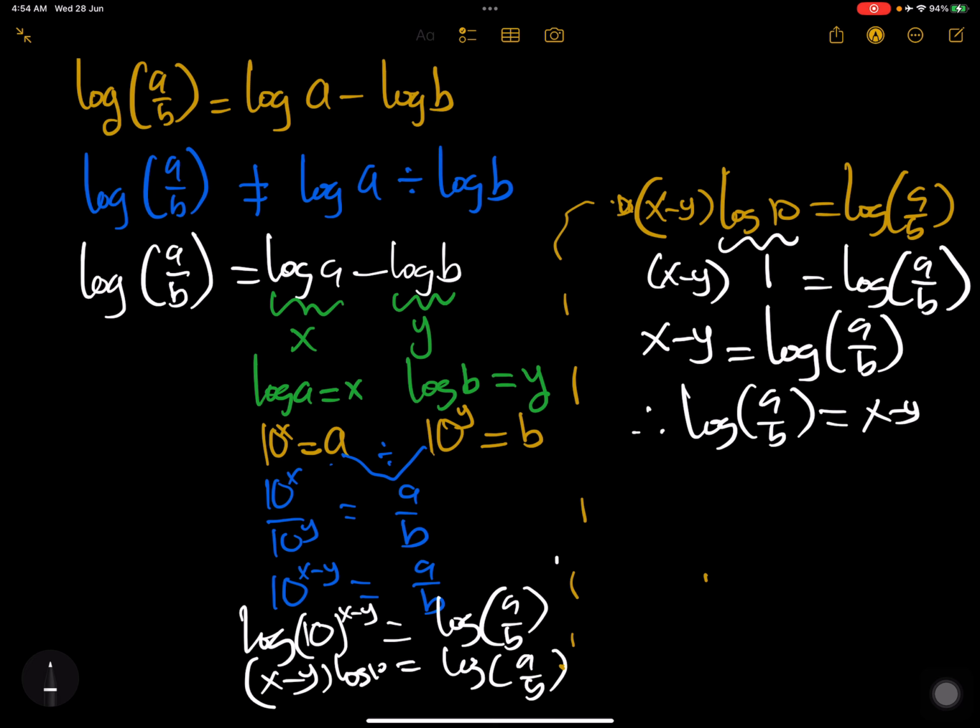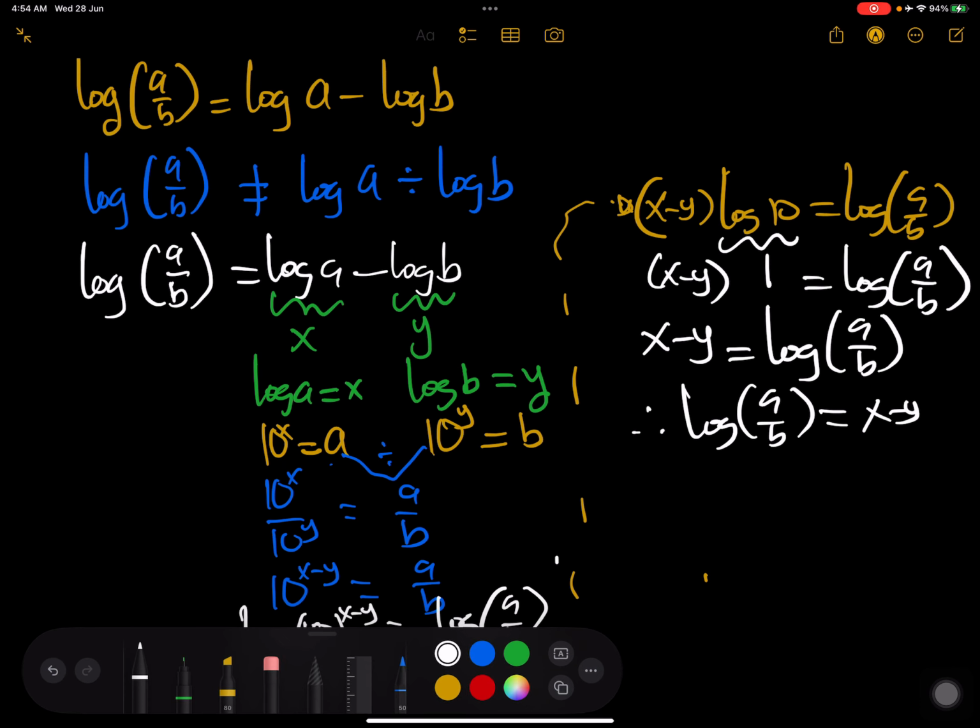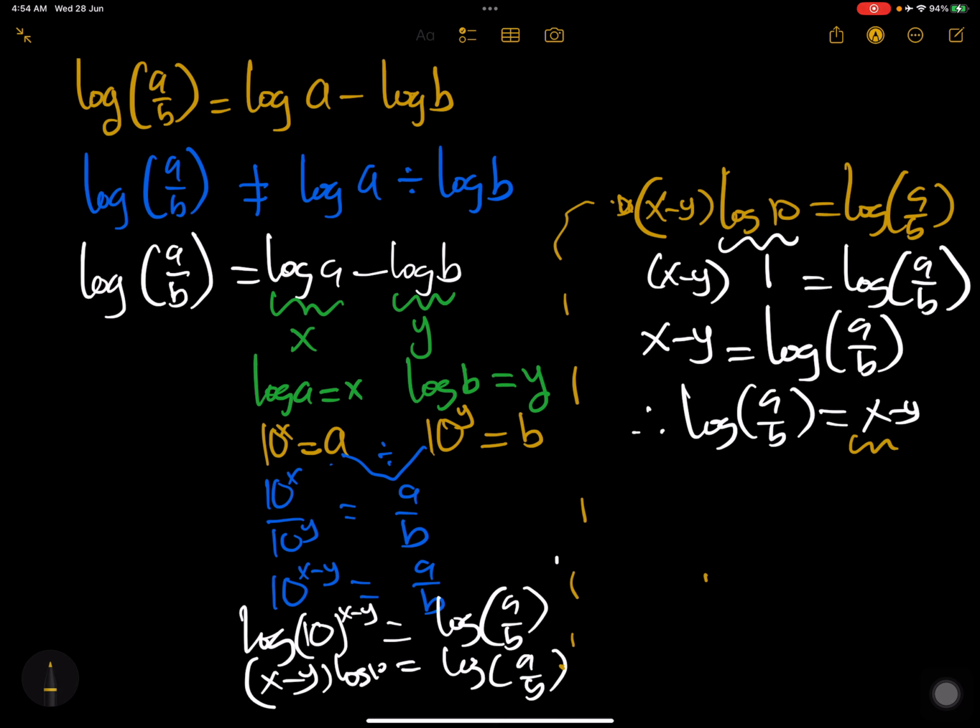We've been able to solve it because our x here is what we got here: x is log A, and y is log B. So therefore log of A divided by B is equal to log A minus log B. I hope that works.